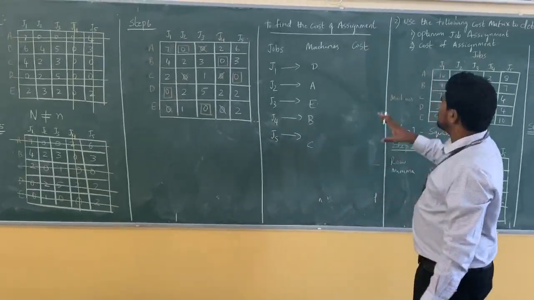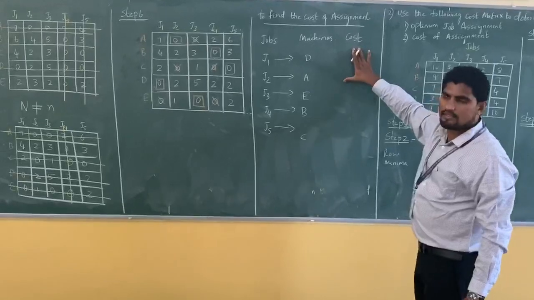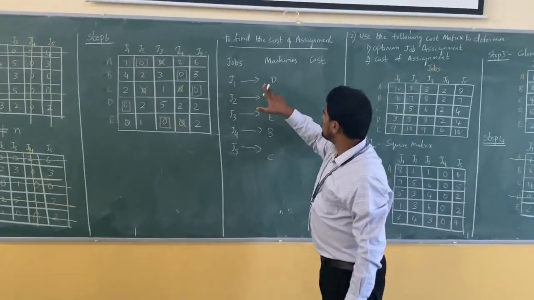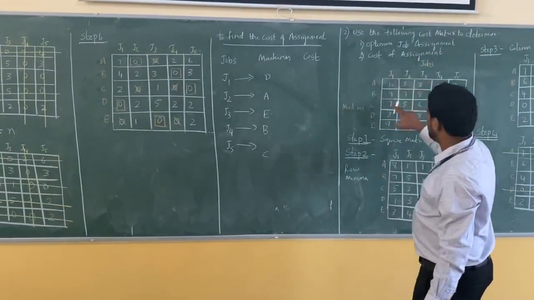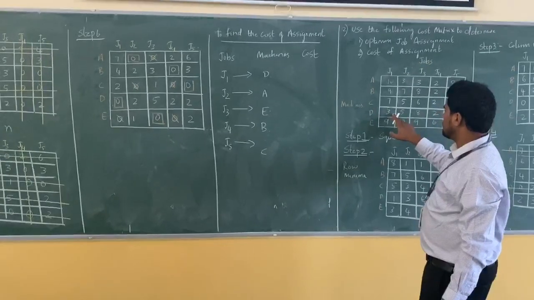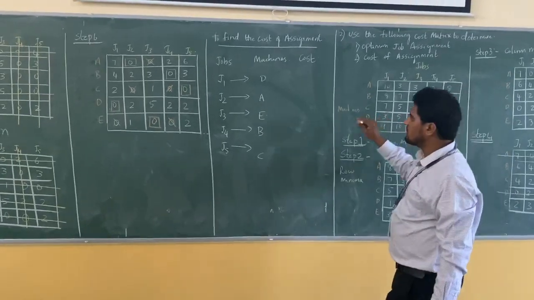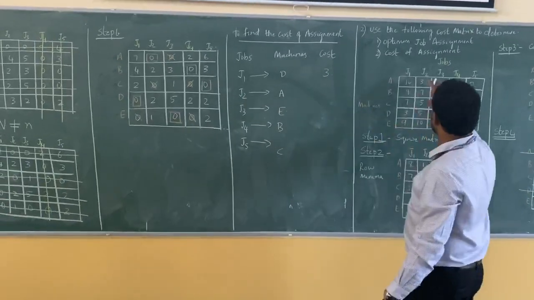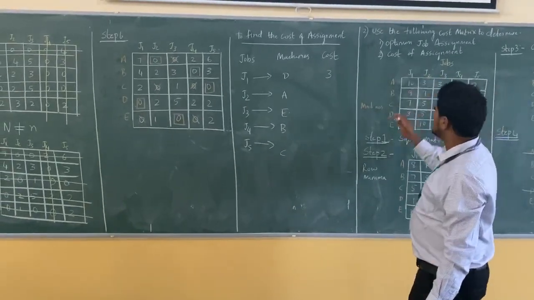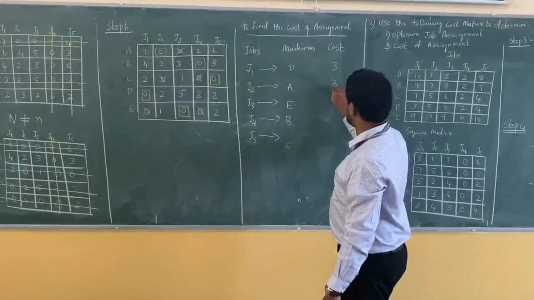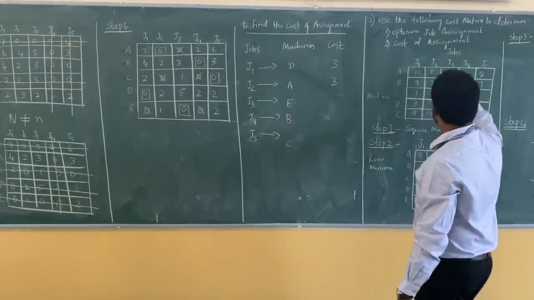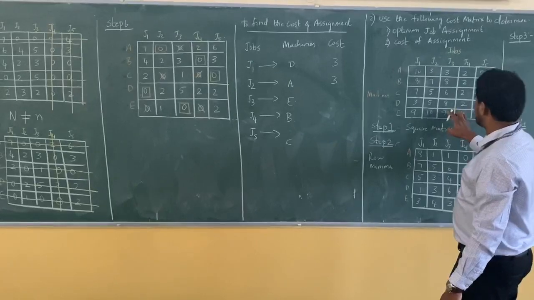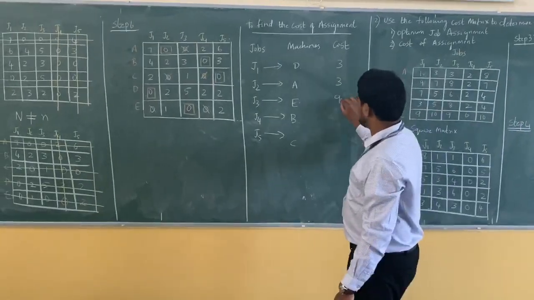Go to the original matrix. In case of J1 to D, in the original matrix it is 3, correct? So I'll write it as 3. J2 to A, it is 3. We'll write it as 3. J3 to E, here it is 9. So I'll write it as 9.